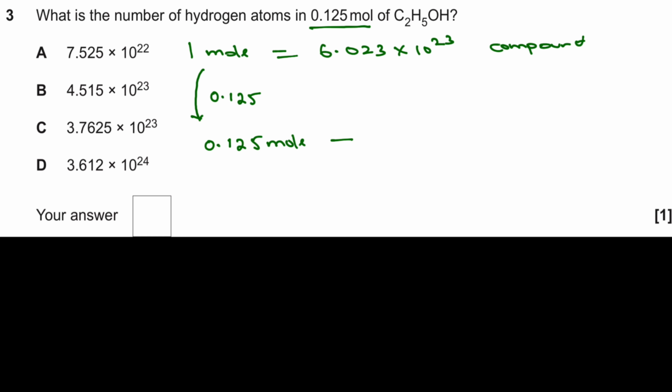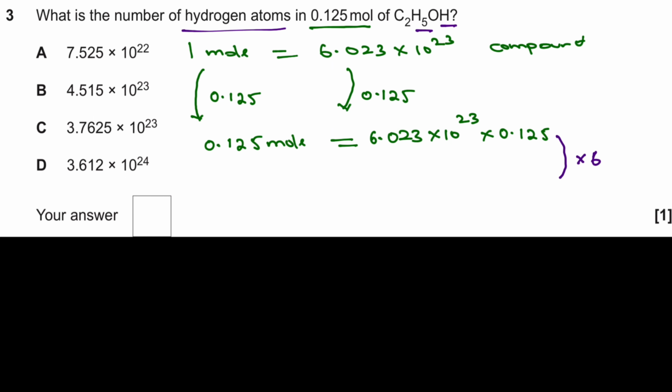0.125 mole will then be equal to 6.023 times 10 to the power 23 times 0.125 mole. But there are 6 hydrogens in this compound. You can see 5 and 1, so multiply that by 6 for the number of hydrogen atoms in there.